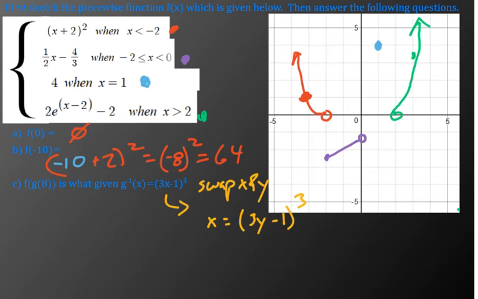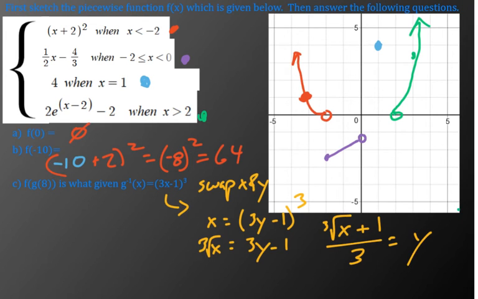So cube root both sides, and then plus 1 and divide by 3. So we would have cube root of x, plus 1 to both sides, then divide by 3, and that would be y. So this is g of x. That is the inverse of that as a function of x.